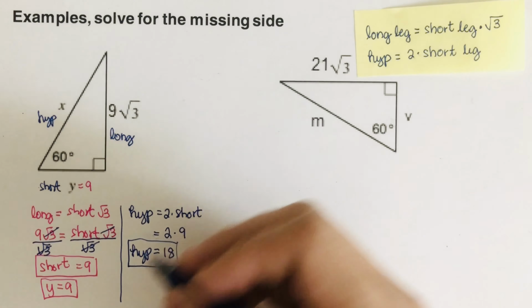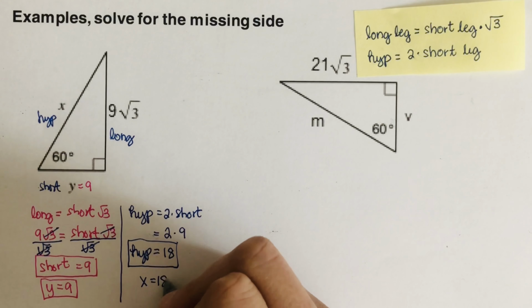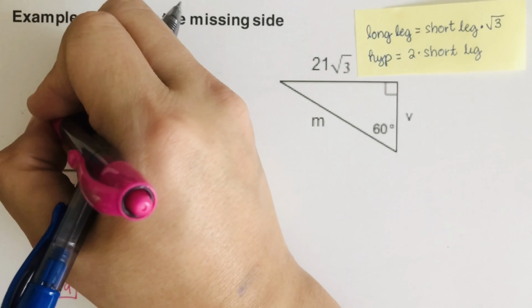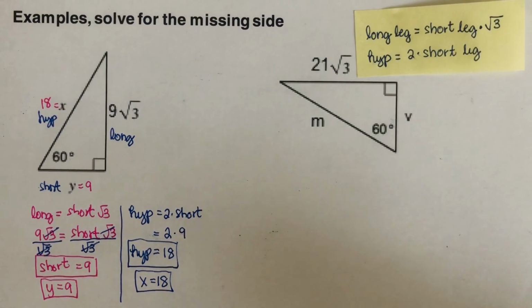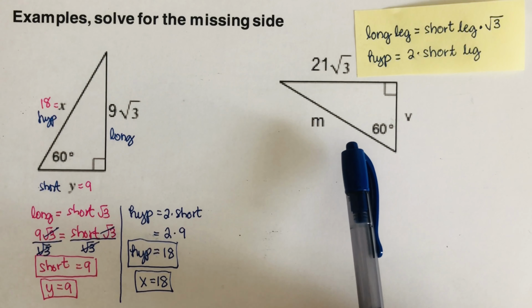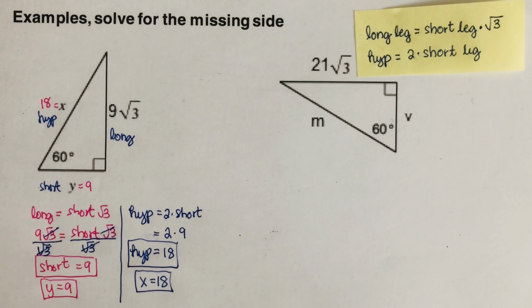So our x is equal to 18, and I'm going to label this as 18 right here. We have now solved all the parts of this special right triangle. At this time, I would encourage you to pause this video and try this problem out on your own. When you're done, unpause it and check your answer.